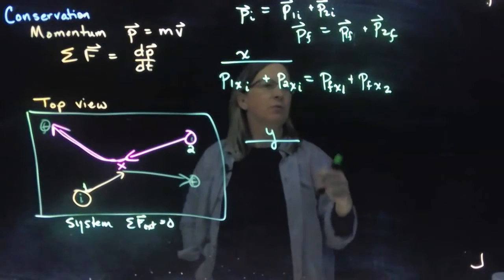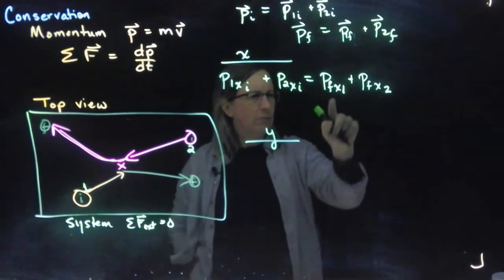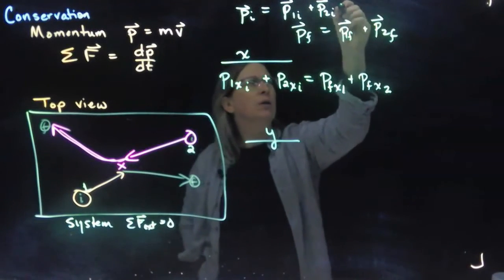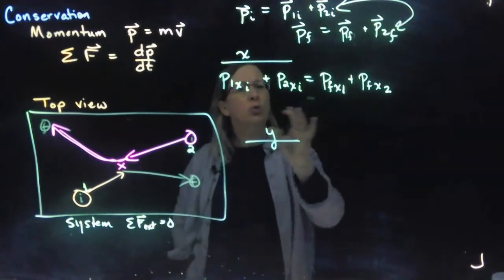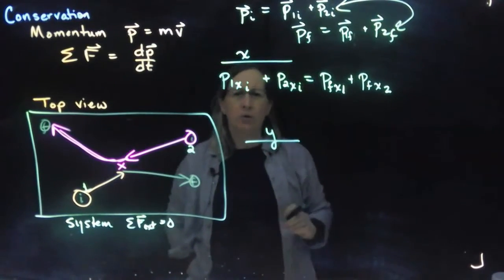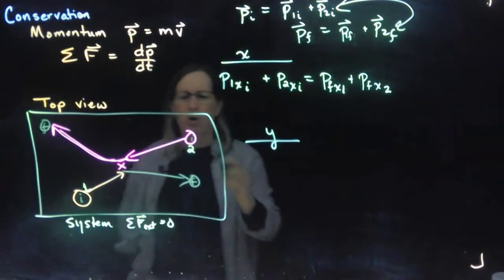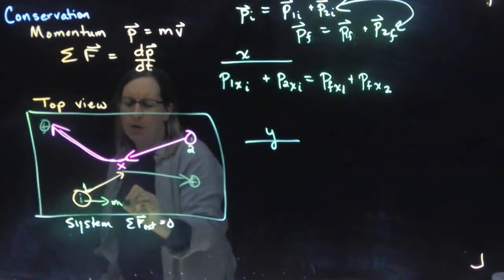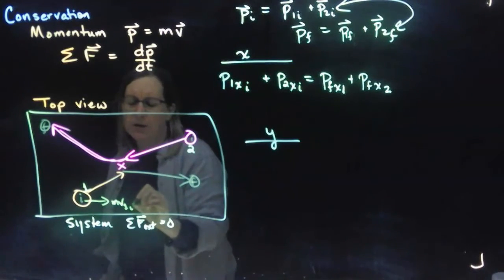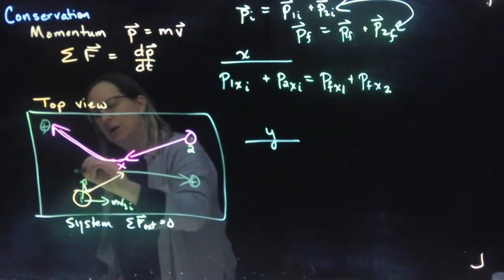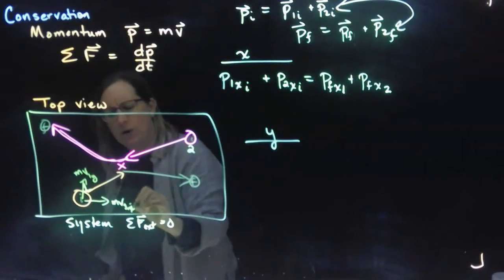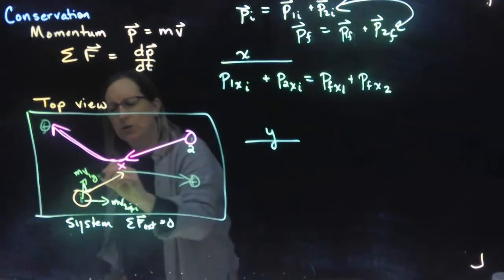Somehow I changed my subscripts here. But this is really saying these two things are equal. It is two equations, one in the x and one in the y, and they both have to be true. So if I set this up, this is my m1, the initial, m v1y, this is m v1x, this is the initial.